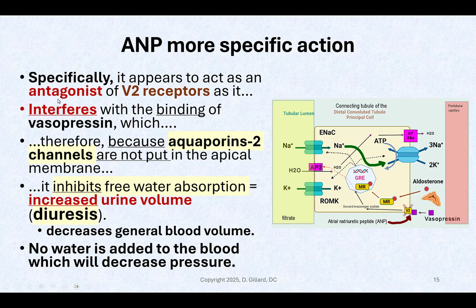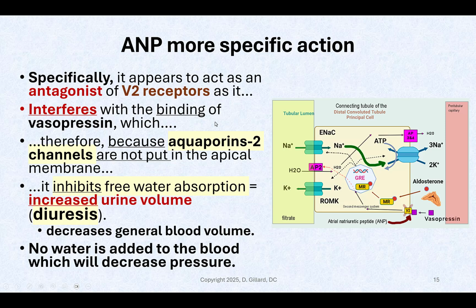An agonist, if I erase the ant right here, just said agonist, that would bind to the V2 receptor and stimulate it to do something. And you know I'm going to test you on that, so I'll tell you right now, know the difference between an agonist and an antagonist. I should have put a picture of a little ant there. Okay, so that's what it does.